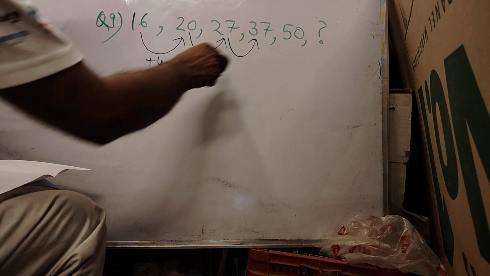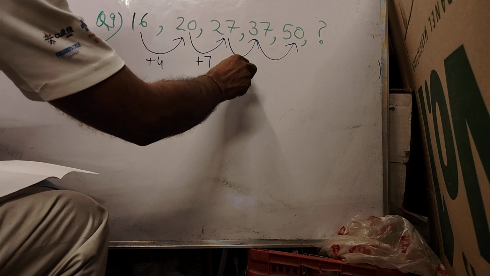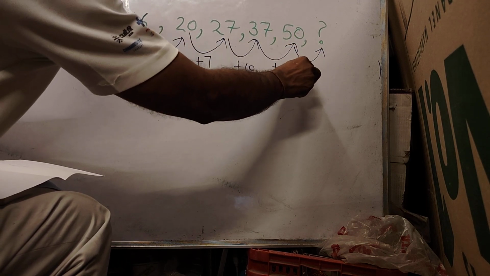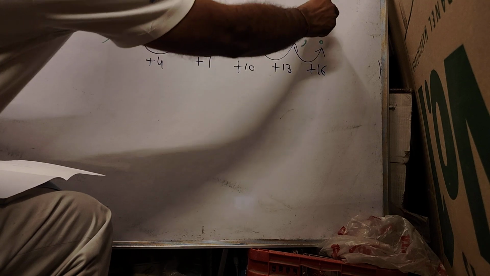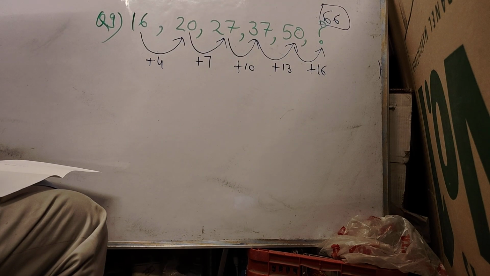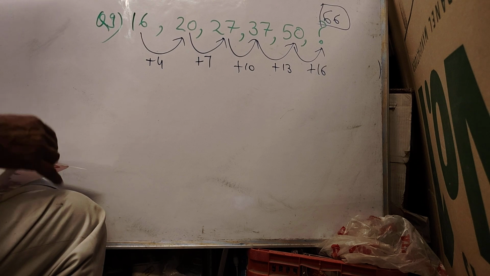Next difference is 10, next difference is 13. So if you see, 4 plus that, so 66. Yes, the difference is increasing by 3 in each successive difference.